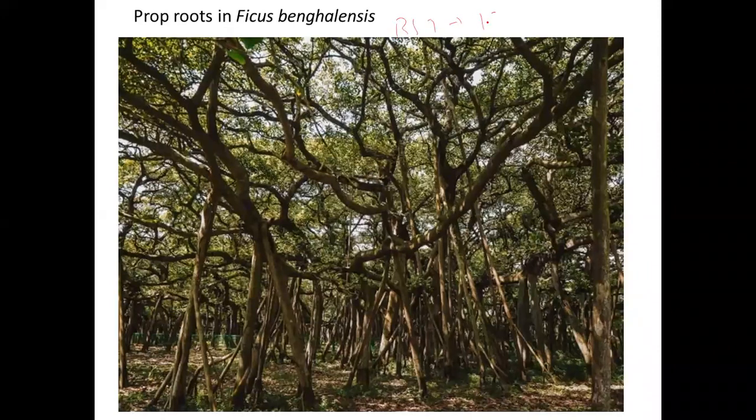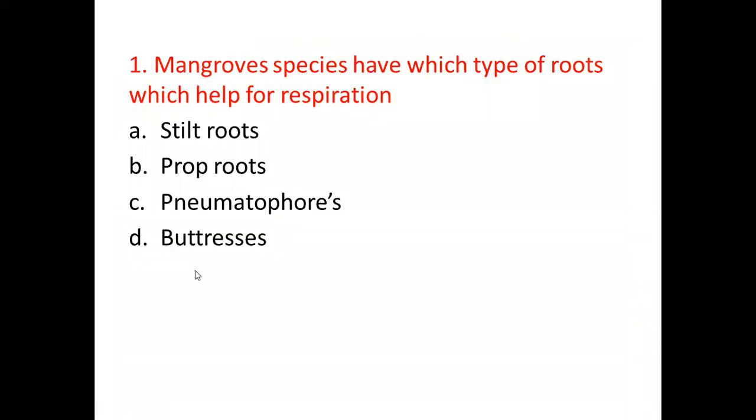It is only a single plant, and from this one we get numerous prop roots, mainly for supporting the main branches. You need to remember this example for prop roots.